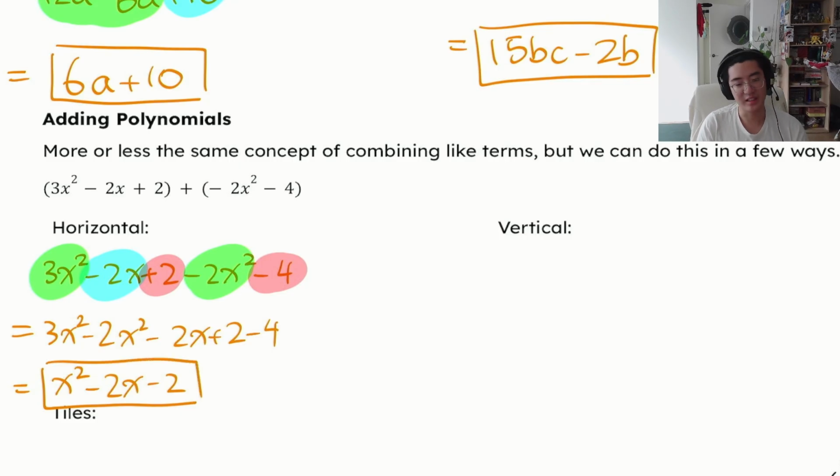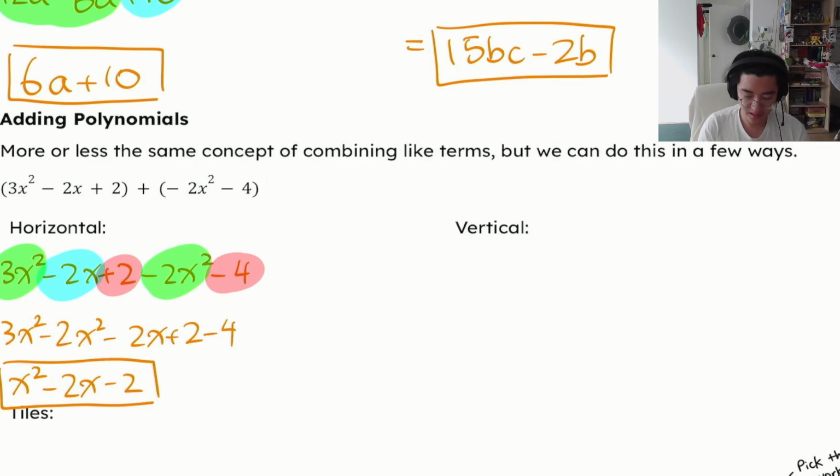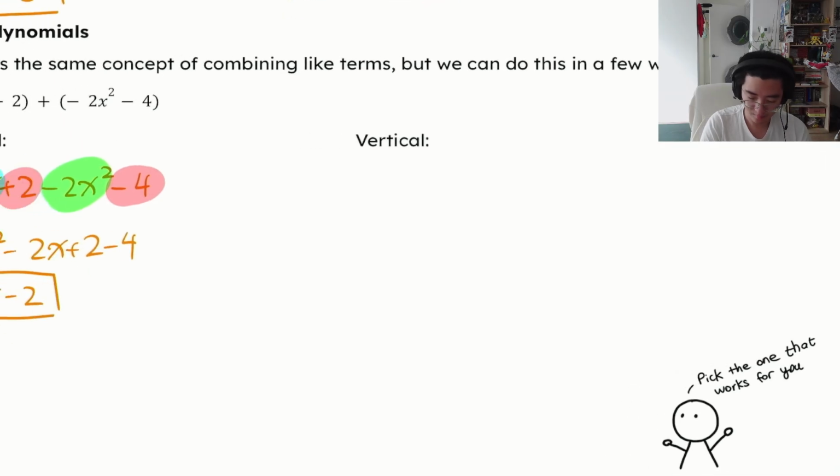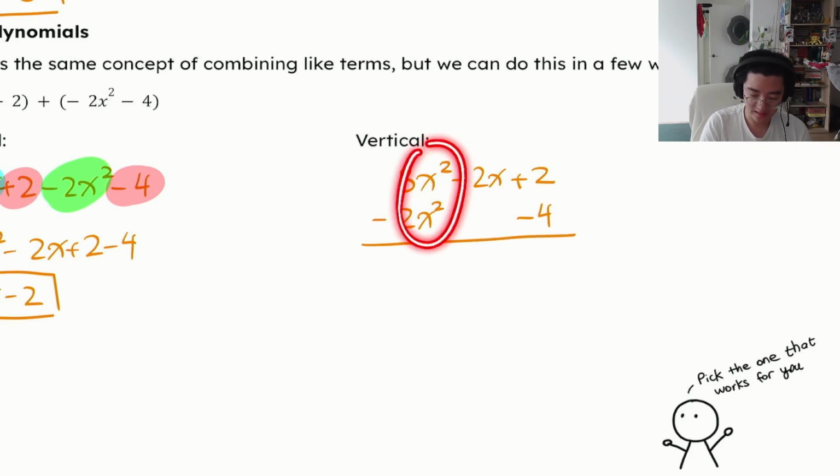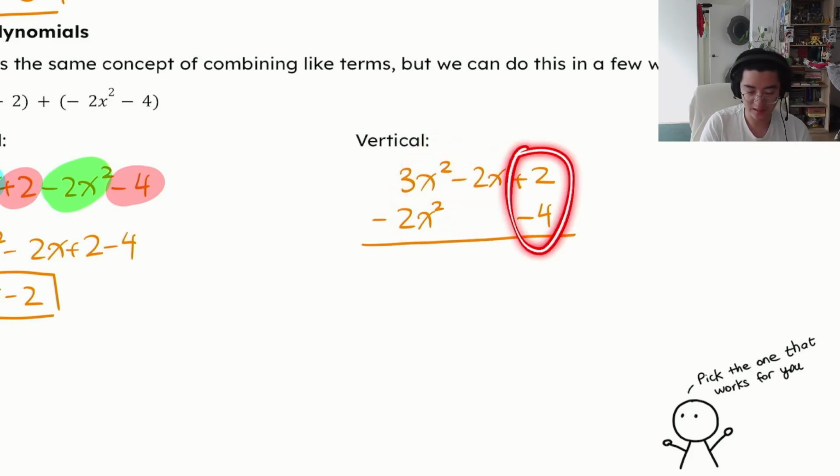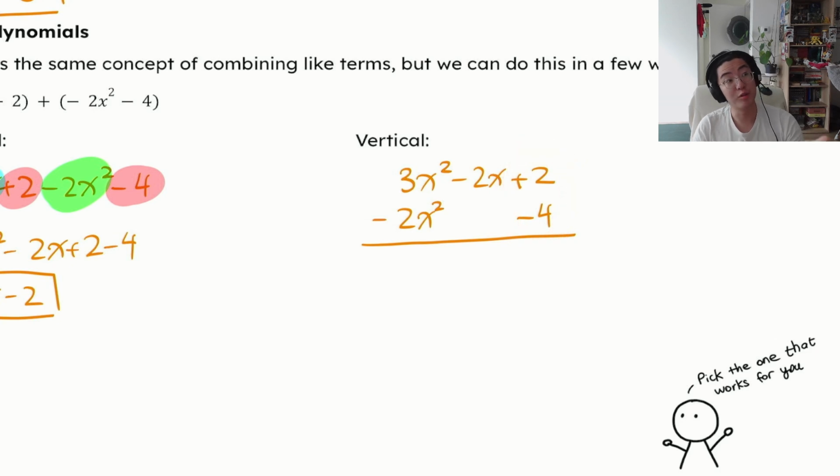So once again, this is how we did it earlier. But now we can also do it vertically. So once again, we have our equations. So remember, we got a minus 2x squared and a minus 4. So you can line it up so that the same powers are lined up vertically. And then we'll just use long addition or long subtraction.